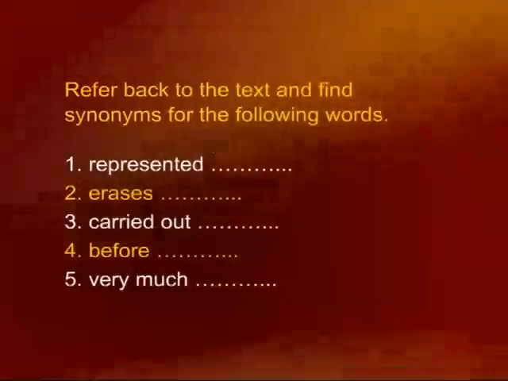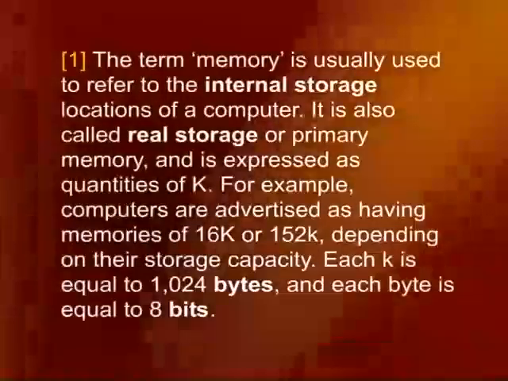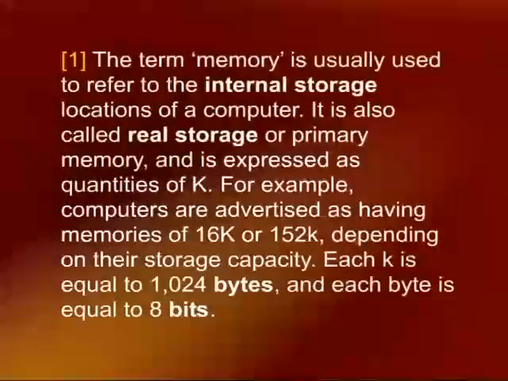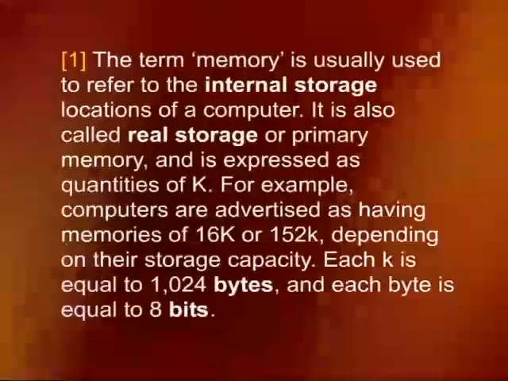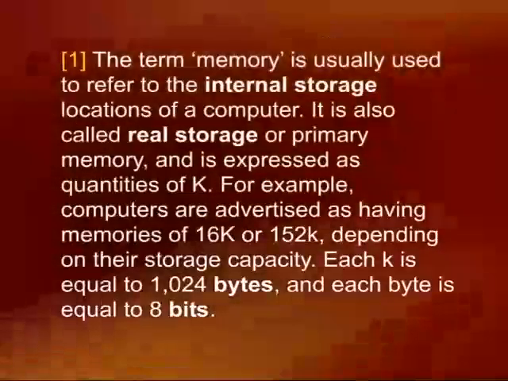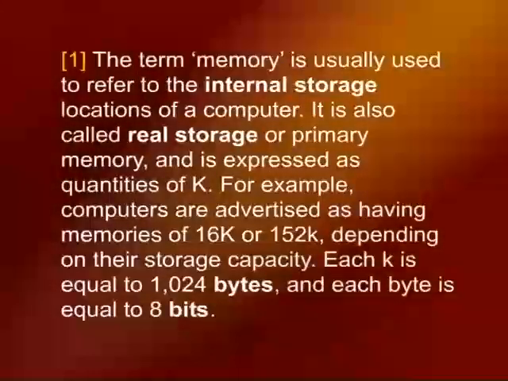Now you refer back to the text and find the synonyms, find words that are more or less the same in meaning. There is a word in paragraph 1 which is the same in meaning as the word represented. Can you think of a word? Can you locate the word which means the same as represented?